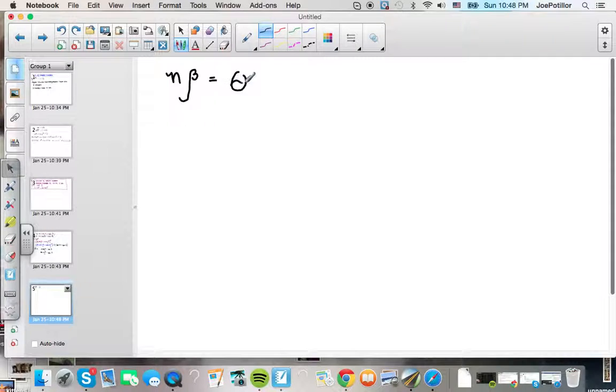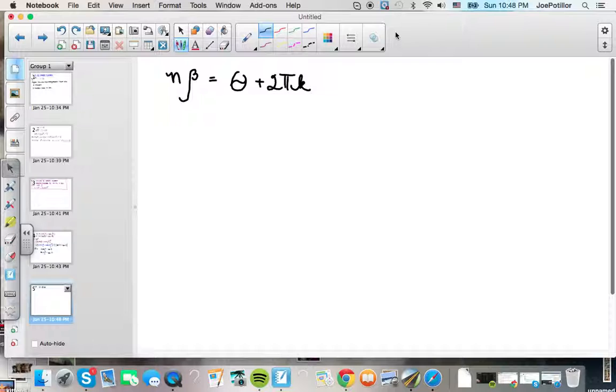N beta equals theta. And remember that in any trigonometric equation, especially with sine and cosine, the angles differ by their period. And the period of cosine is 2 pi. So we'll use this special number here, 2 pi k. So n beta is equal to theta plus 2 pi k.